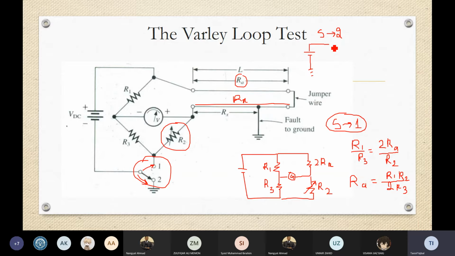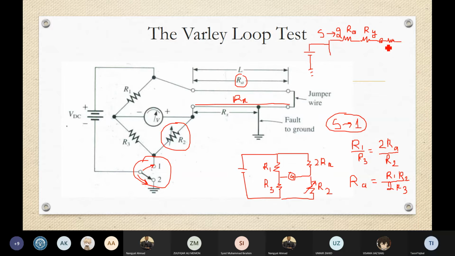and on one side we have resistance RA, and then up to fault we have RY. ठीक है, and then is the midpoint where we have galvanometer connected, and then we have the value of RX.